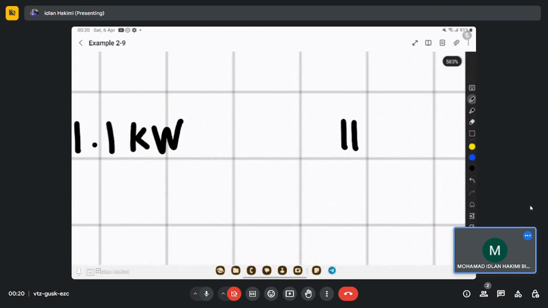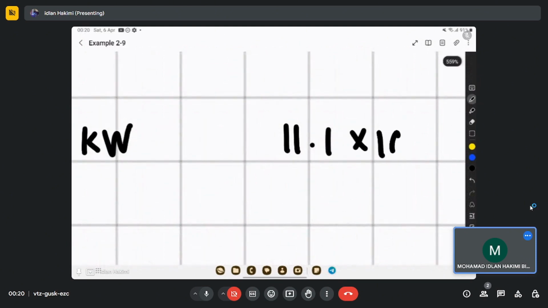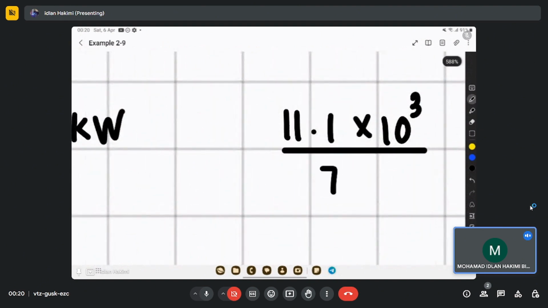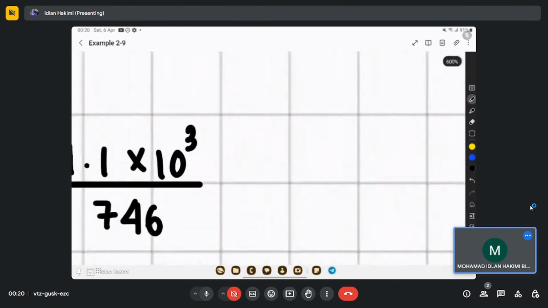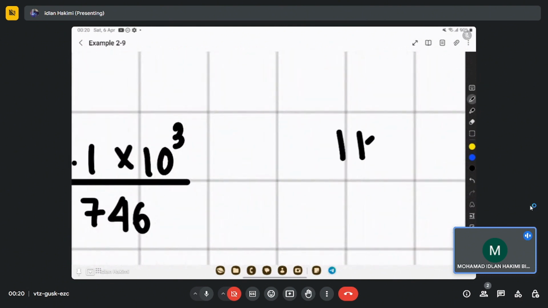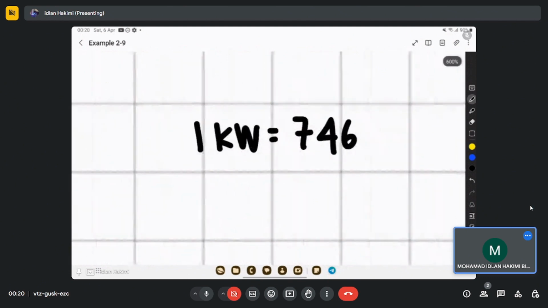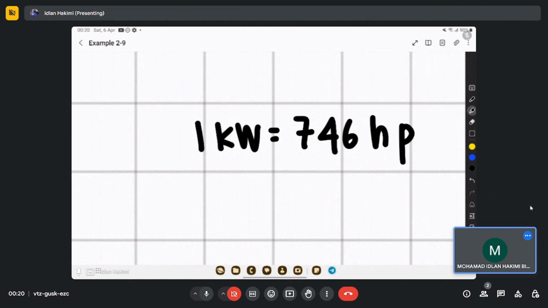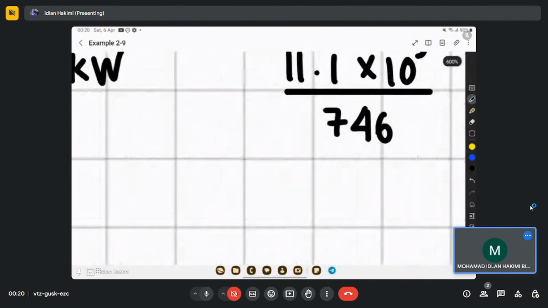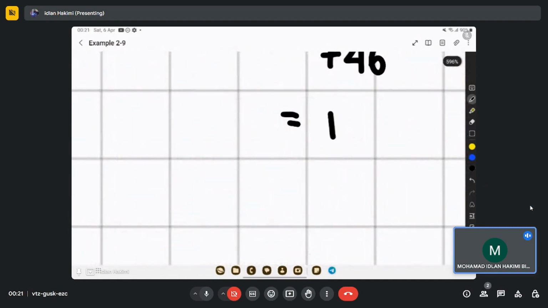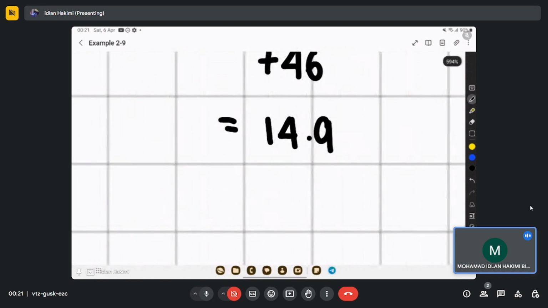Because 1 kilowatt equals 1.341 horsepower, or 1 times 10 to the power of 3 divided by 746. The answer we got is 14.8 horsepower.